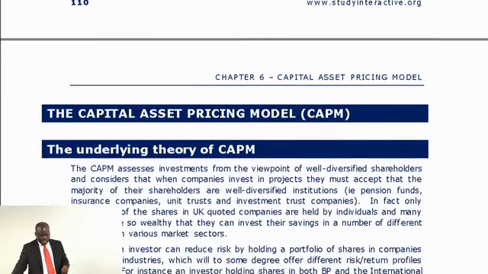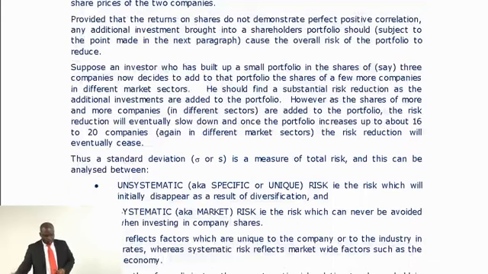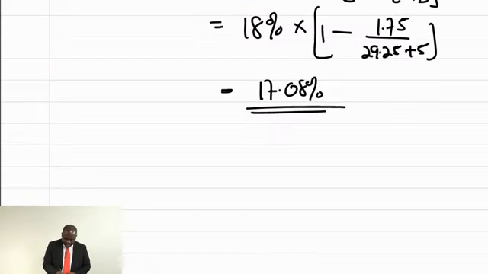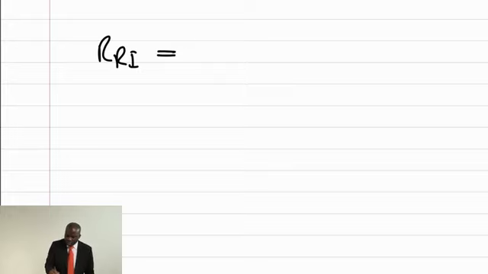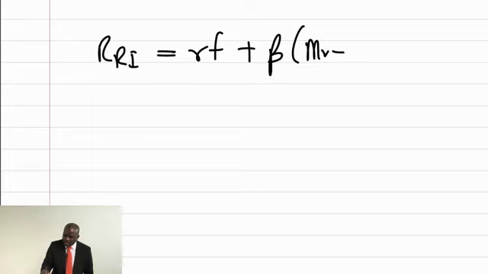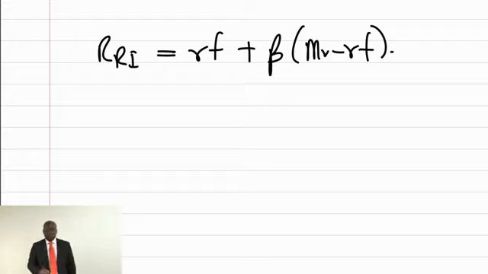So CAPM is simply telling you that your return on a risky investment should be your risk-free rate plus the beta times the market return minus the risk-free rate.